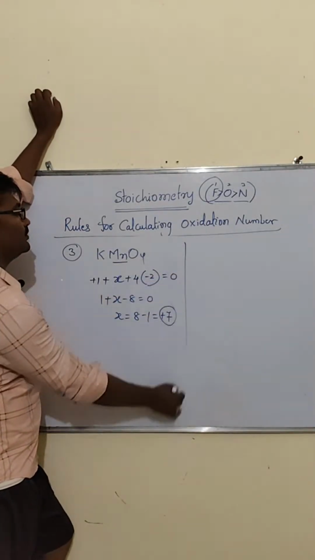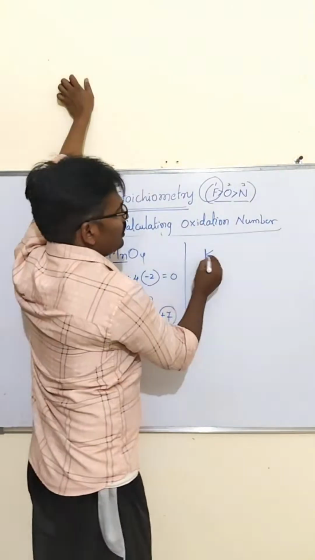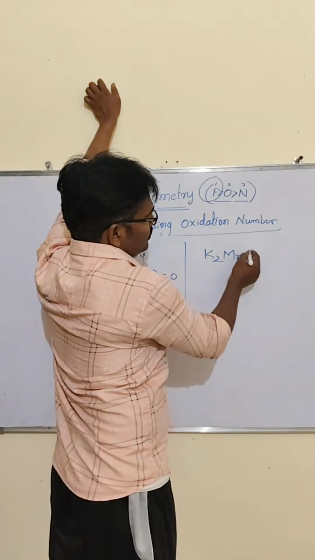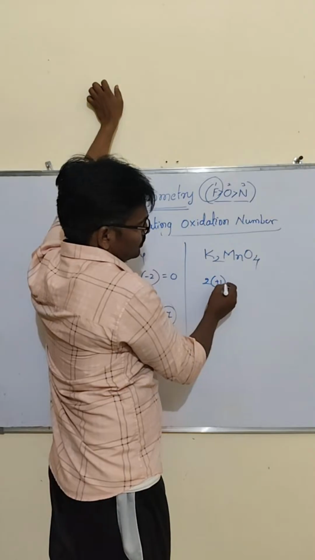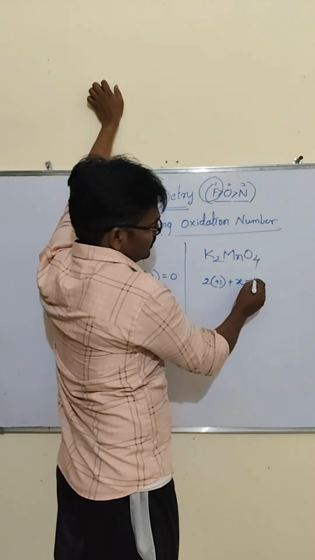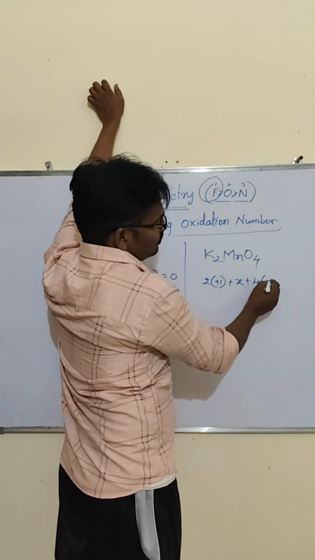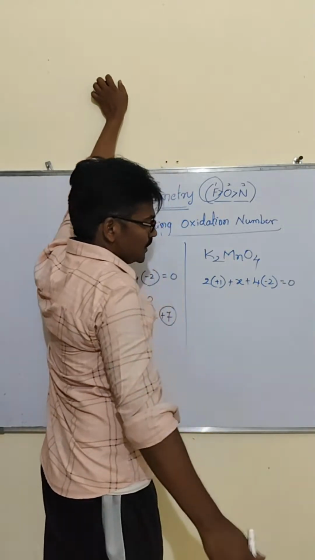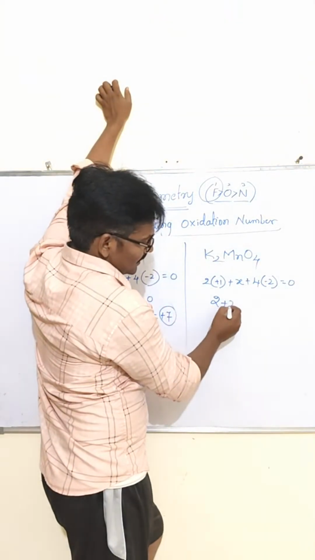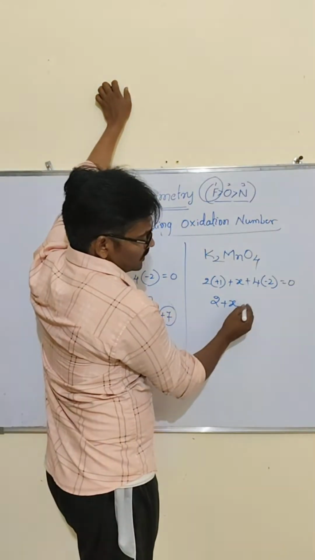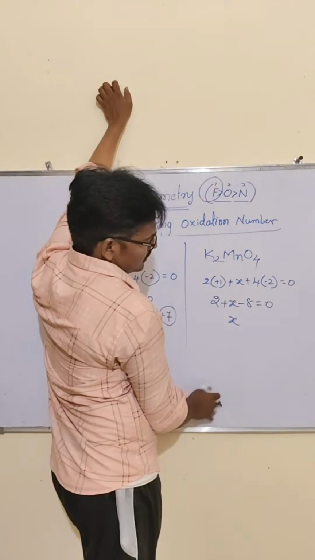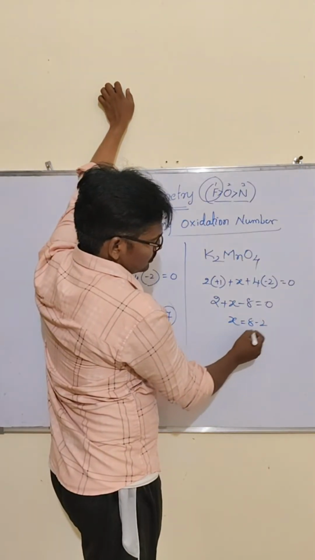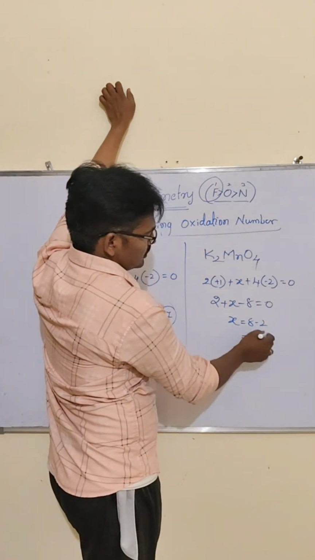Then next K2MnO4, K2: 2 into +1 plus X plus 4 into -2 equals to 0. Then 2 plus X, then 4 2s are 8, then equals to 0. X equals to 8 minus 2, that you can get +6 oxidation state.